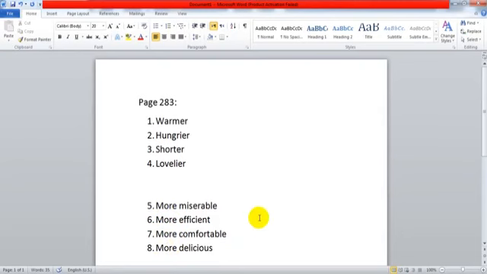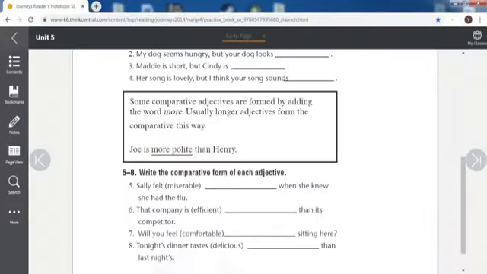I'll leave this here for a couple minutes for you guys to correct your answers if you made any mistakes. Hopefully no mistakes at all. Okay. And you guys can obviously pause this and use it to correct your answers, right? Okay, let's keep on going.